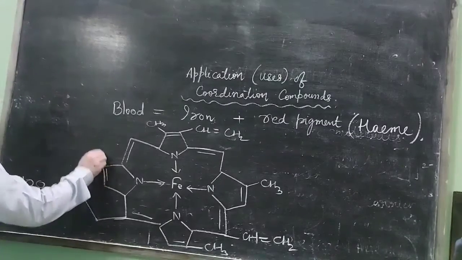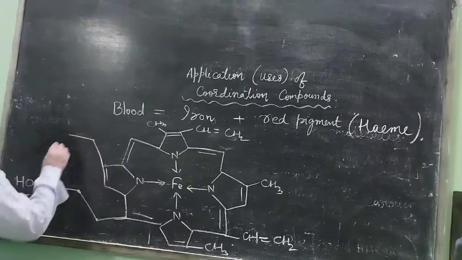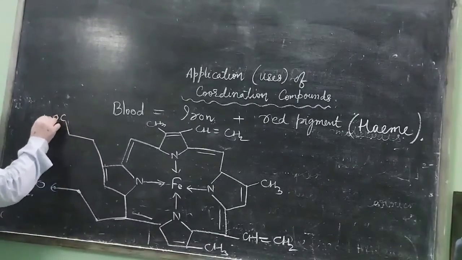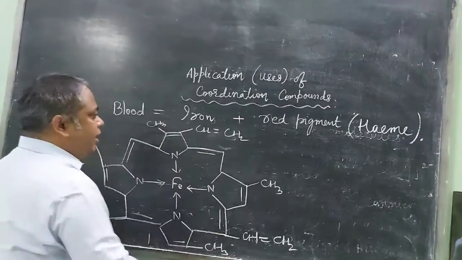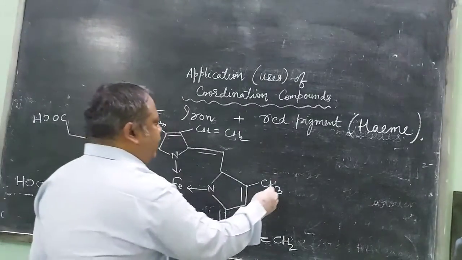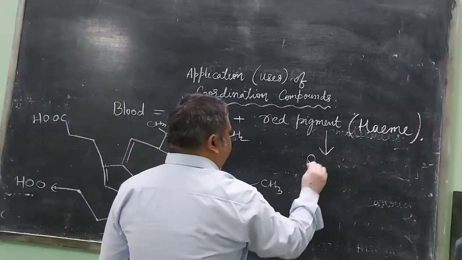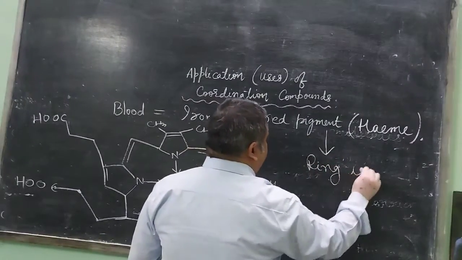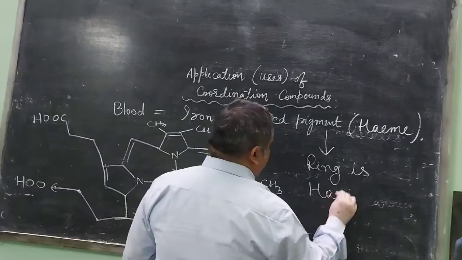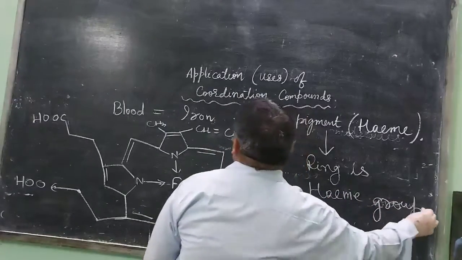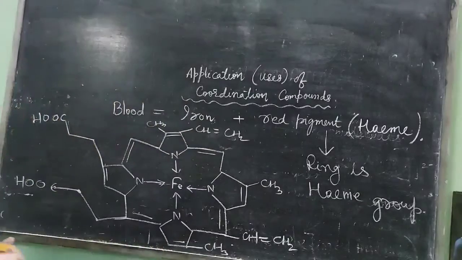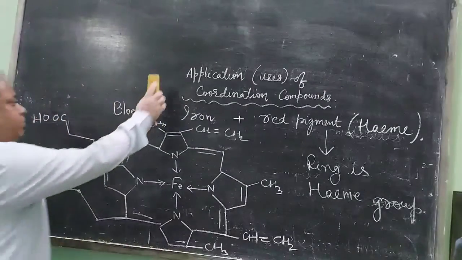And from here, one carbon, two carbon, and C. So this is the iron, and around the iron the ring is called as heme group. The ring form is heme group.